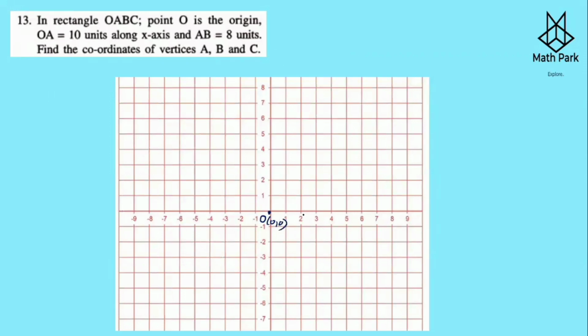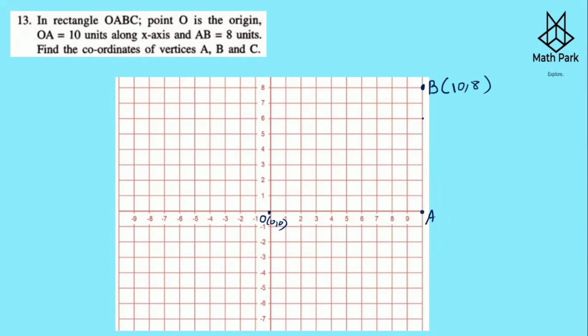OA is 10 units along the x-axis, so this is your A. And AB is 8 units, so B is going to be here. So the coordinates of B are (10, 8). This distance along y is 8 units.